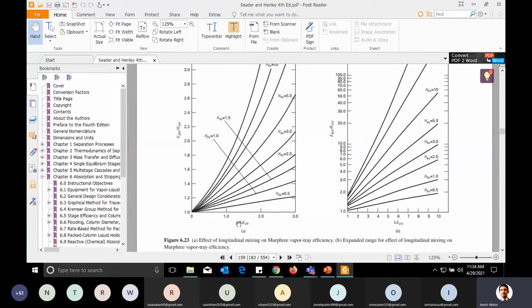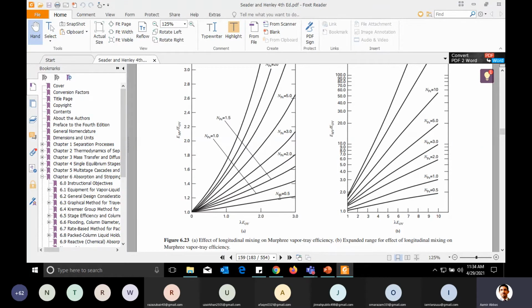So when we can find A, gamma can be found. So if we know the value of gamma times EOV, we can find the ratio between the efficiency of the plate and the efficiency at one point. And this is dependent on the Peclet number.